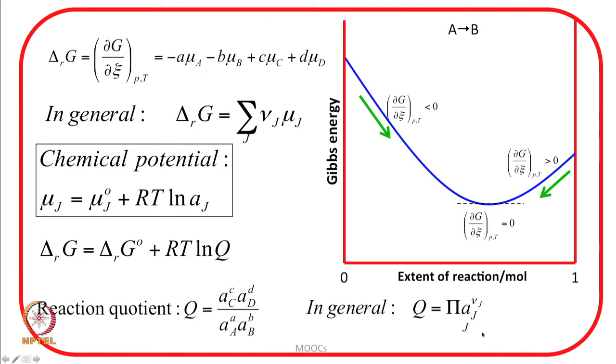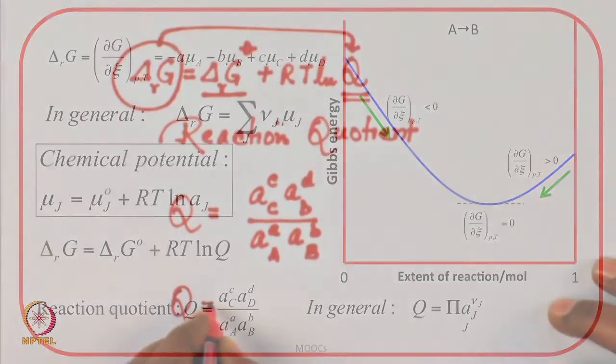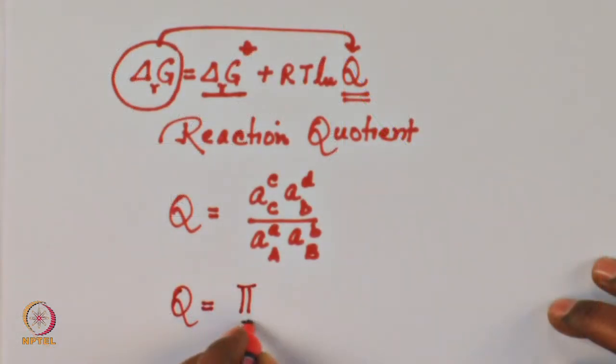In general, we are writing reaction quotient as product of activity of J raised to the power nu J. That is, if I write in general, Q will be equal to the product of activity of J raised to the power nu J.